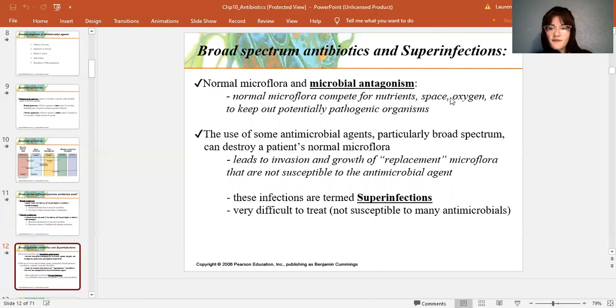The reason why you don't get a full-on colonization of your arm, even though there's plenty of stuff for E. coli to latch onto, even though it doesn't colonize your arm, it still existed there at one point. So what happened was this one E. coli, new kid on the block, strolled in, and your Staph epidermidis, your other skin microflora said, "Who are you?" and kicked it out and basically killed it.